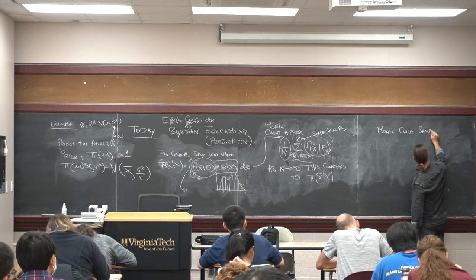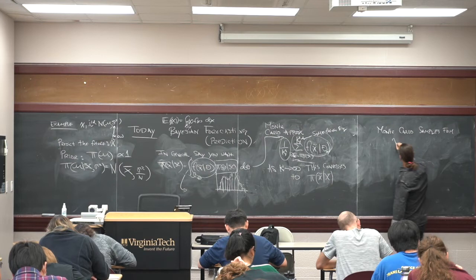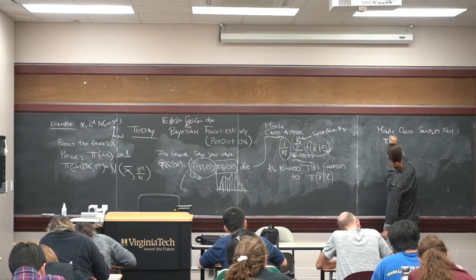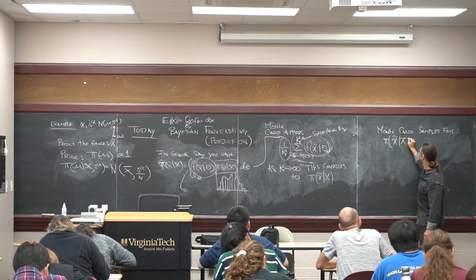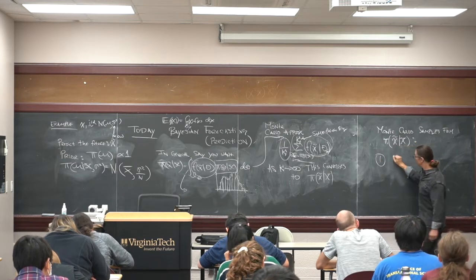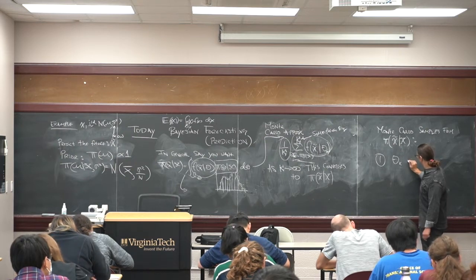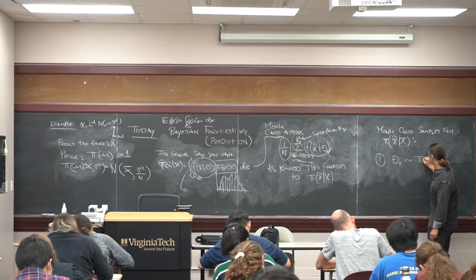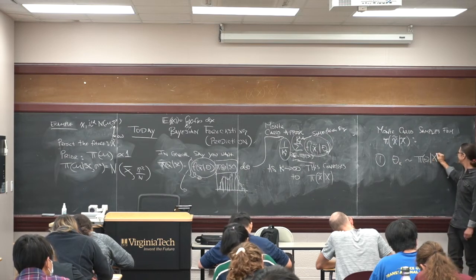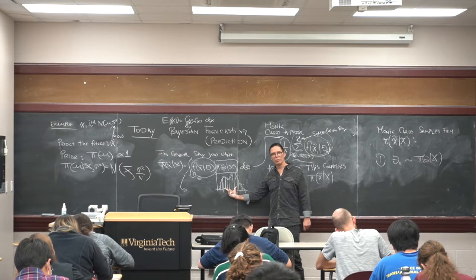From x tilde, I'll call it the whole thing, pi of x tilde given x. This is a two-step process. Step one, we're going to get our theta k from our posterior distribution. So this is going to be exactly the same step that we performed.